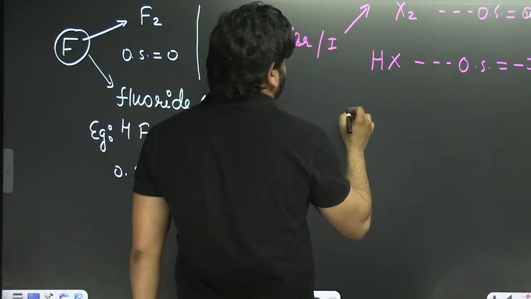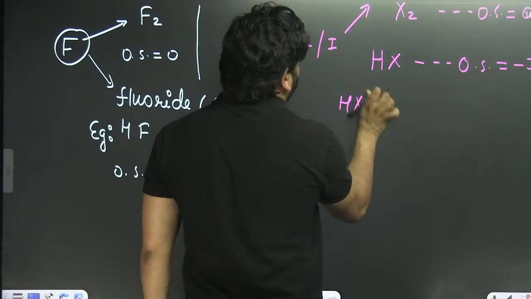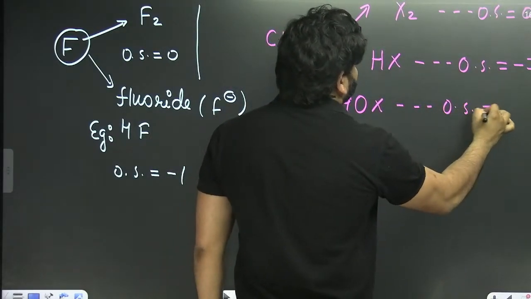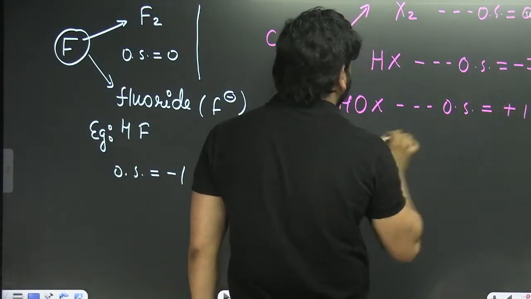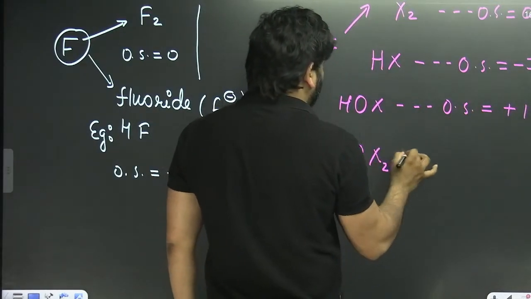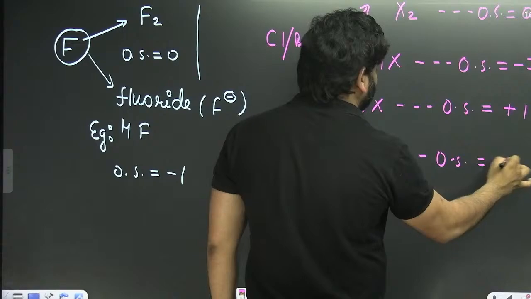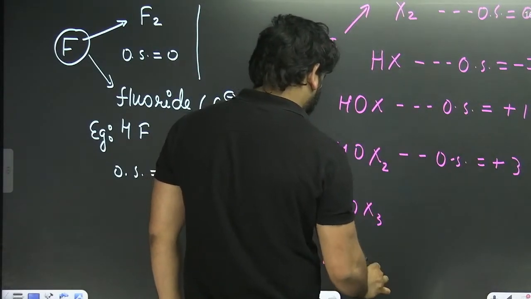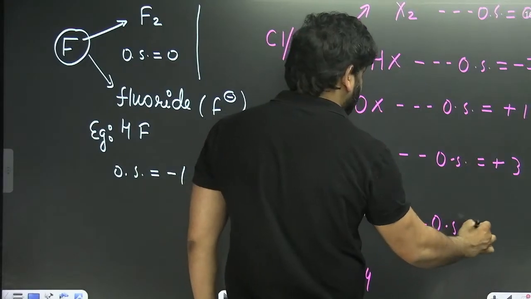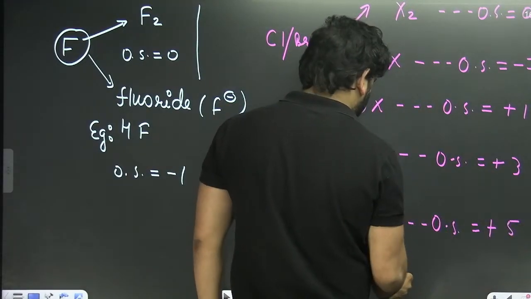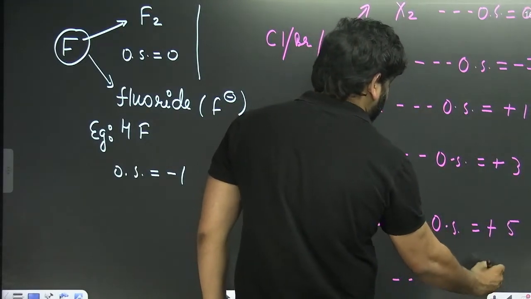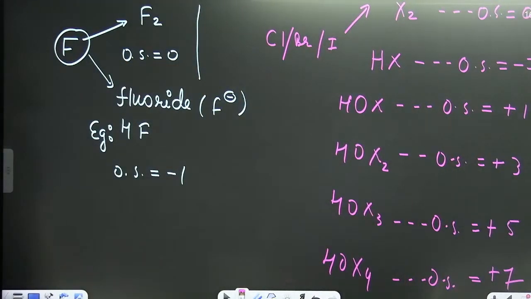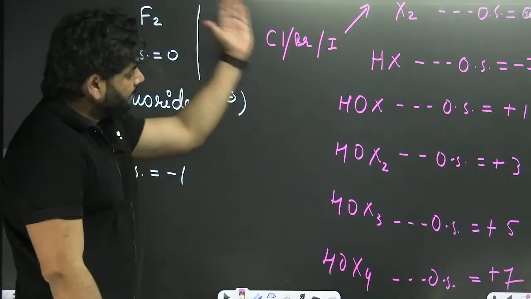Then we have HOX, hypohalous acid. This will have an oxidation state of +1. HOXO, oxidation state is +3. HOXO2 and HOXO3: one has an oxidation state of +5 and the other has +7. This goes per halic acid, like perchloric acid, periodic acid, perbromic acid, like that.